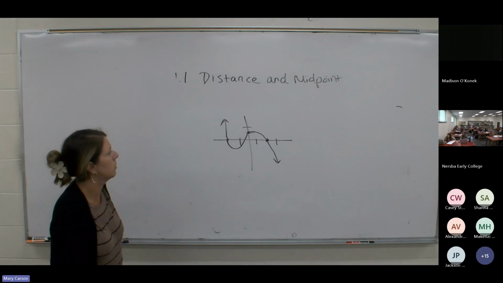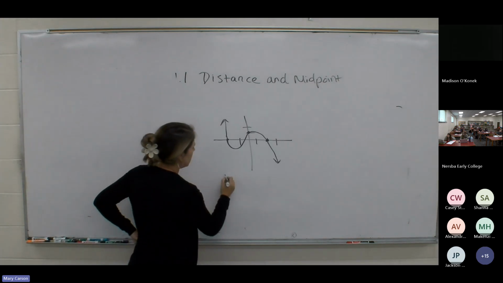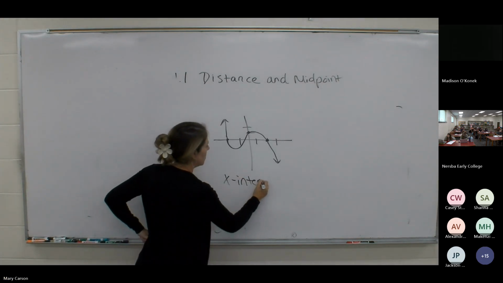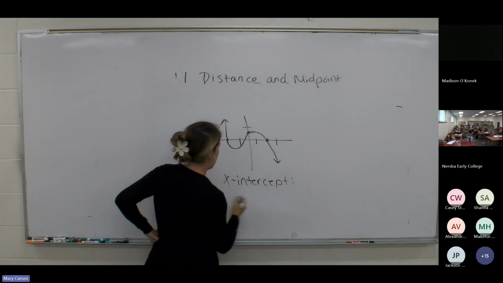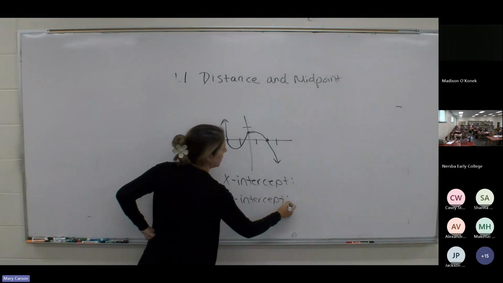We don't know what the graph is, but can you tell me what is the x-intercept of this graph? And then what is the y-intercept? And then we're going to have to be able to know the definition of these.